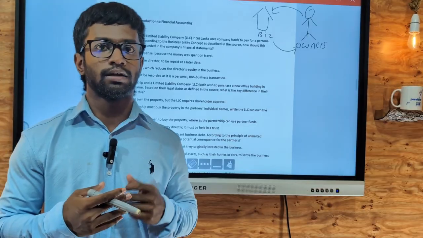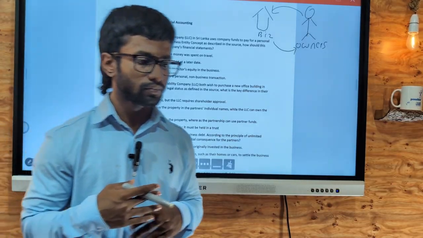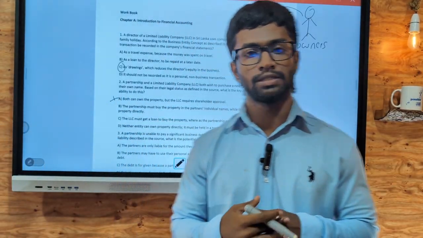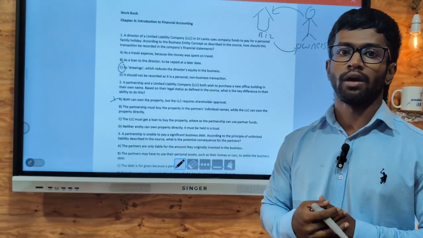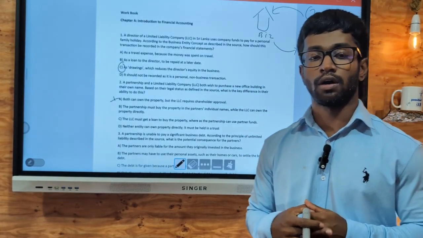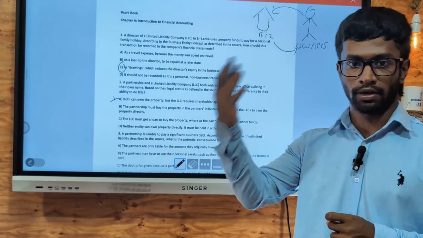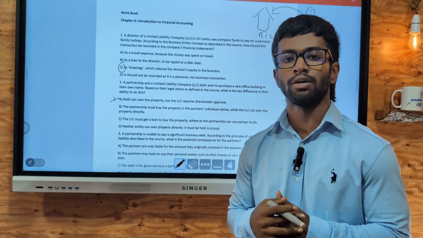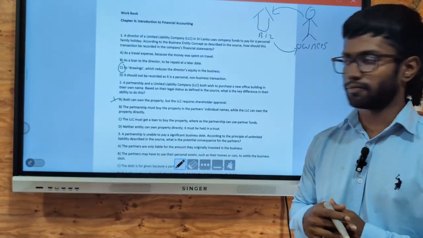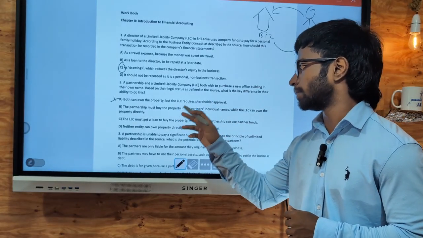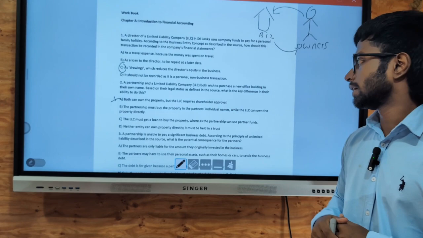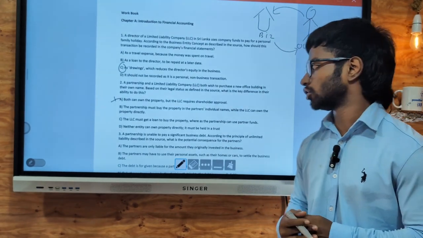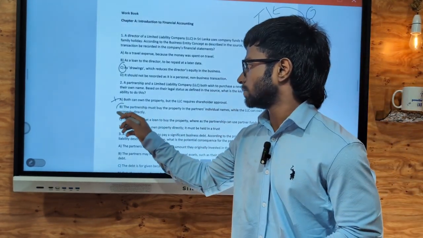Now, say the partnership is bankrupt, then the partners have to use their own funds to cover your liabilities. Then they have to use their own assets that they have. So when they are purchasing, they'll purchase in their individual names. But a limited liability company, they can purchase whenever they want. So here the answer will be B.